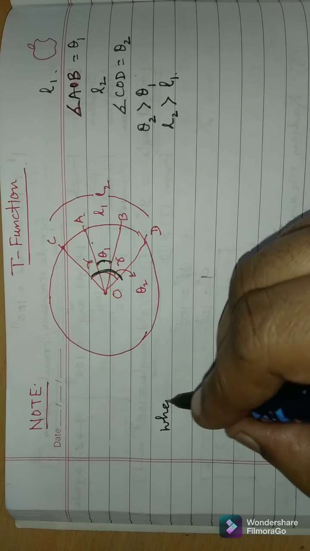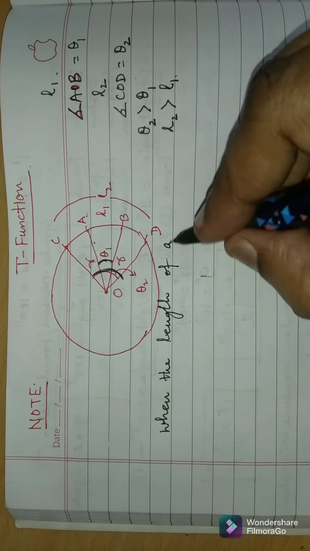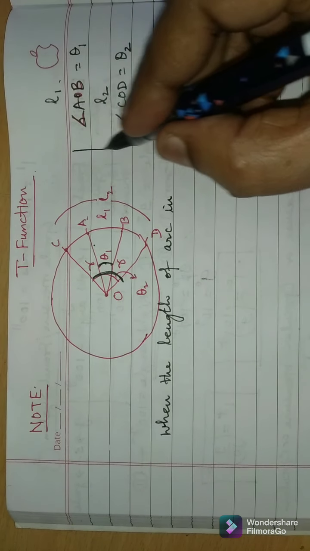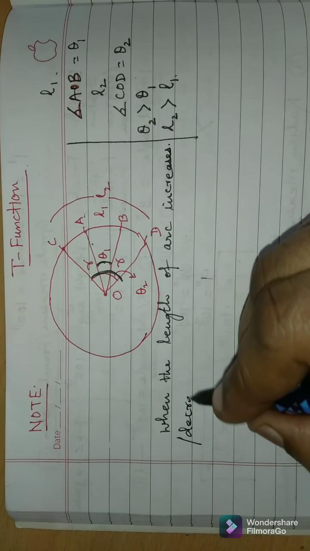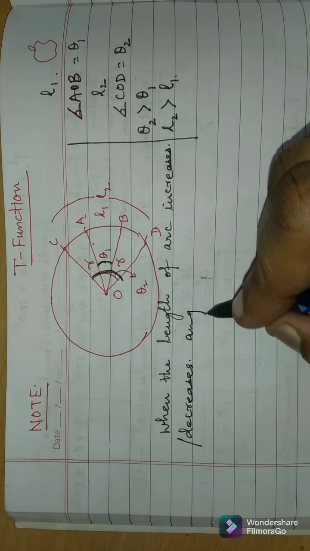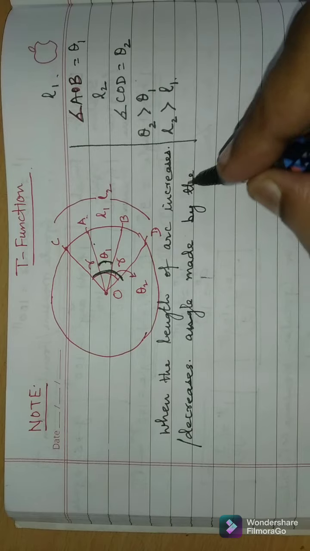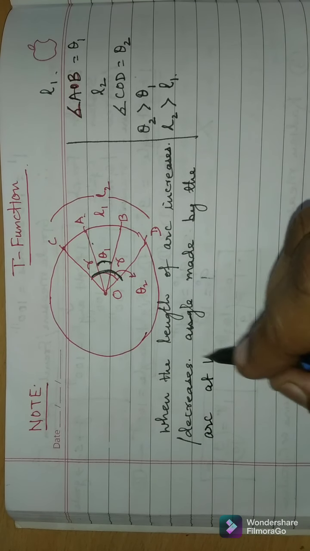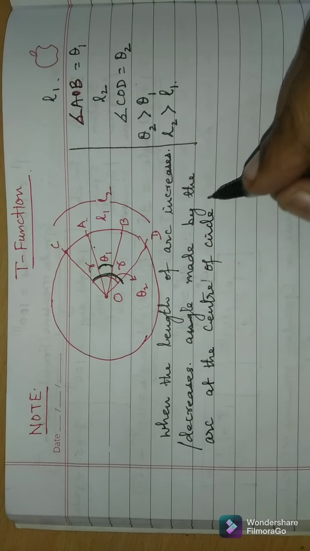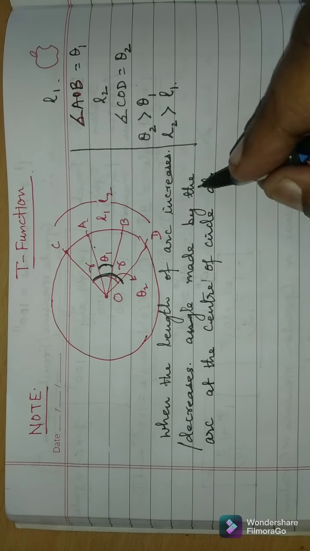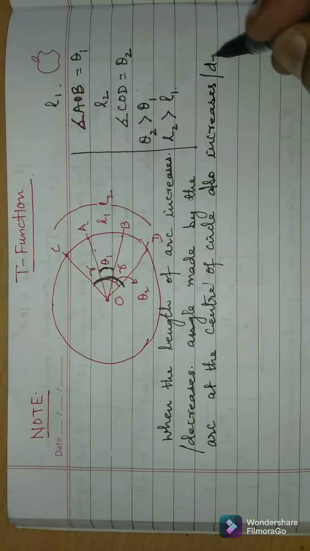So when the length of the arc increases or decreases, the angle made by the arc at the center of the circle also increases or decreases.